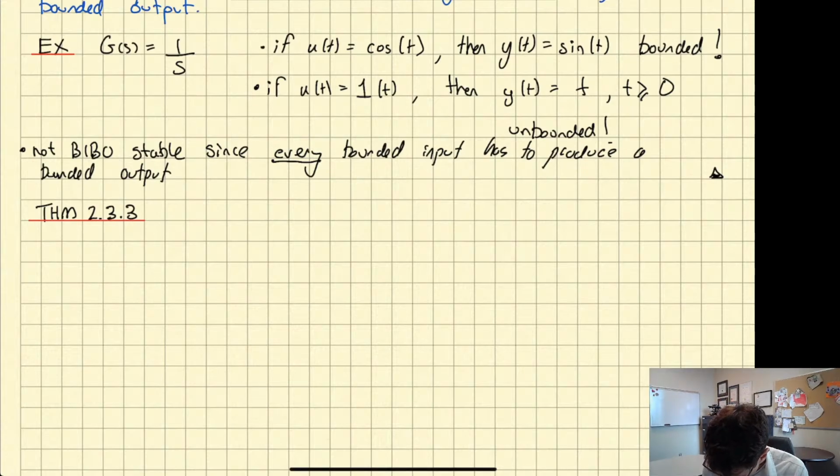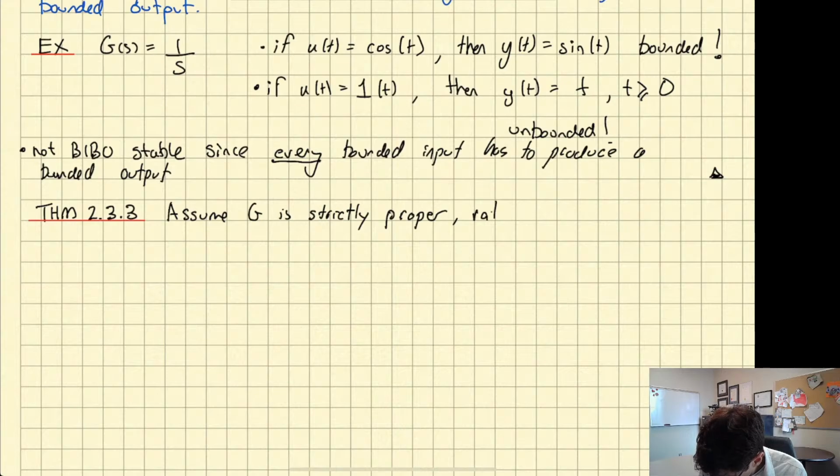Assume G is strictly proper rational. Okay, so that means that it's a ratio of polynomials, and the numerator polynomial has degree strictly less than the denominator. The following are equivalent.